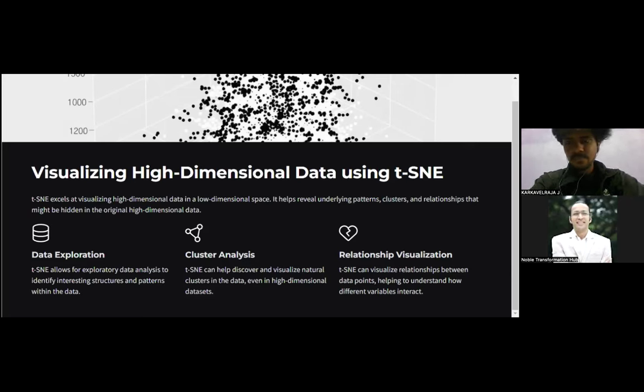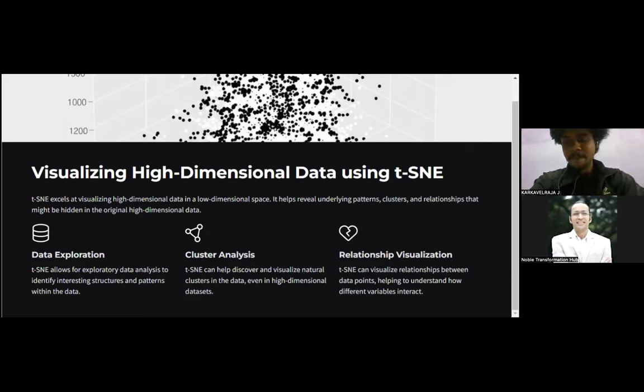Then there are three characteristics. Data exploration: t-SNE allows us to do data exploration analysis to identify interesting structures and patterns within the data. Cluster analysis: t-SNE can help to discover and visualize natural clusters in the data, even in high dimensional data sets.